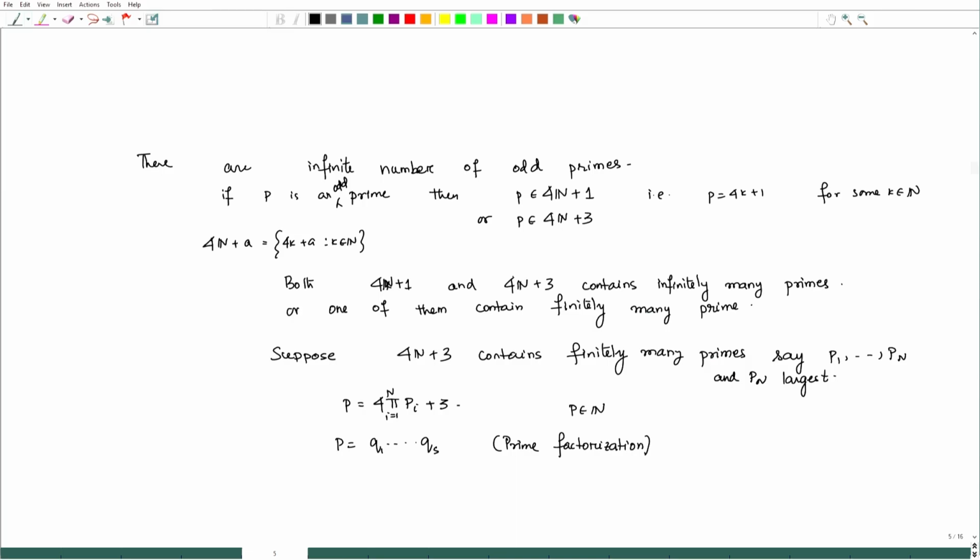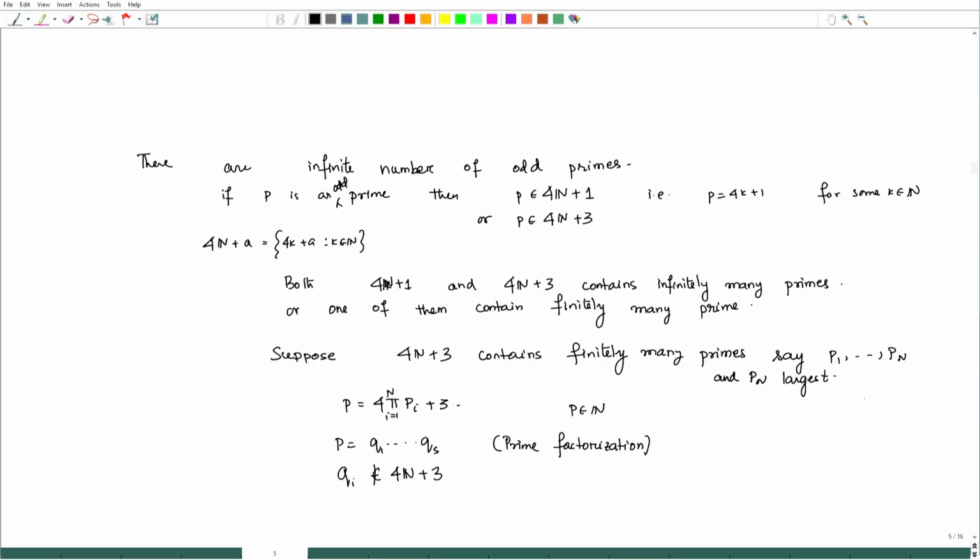Now, whatever the prime factorization is, P is equal to q1 to qs. Obviously, as we can see, none of the qi can be of the form 4n plus 3, because it would be one of these P1 to Pn, and this is going to divide the first part. If I just throw out 3 from my list, I am still not going to lose anything.